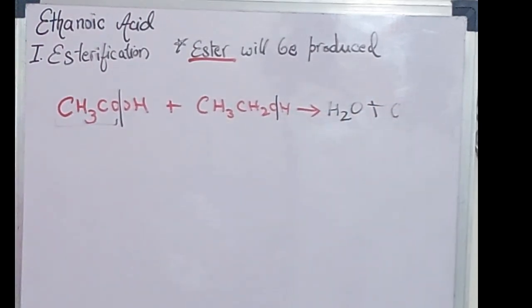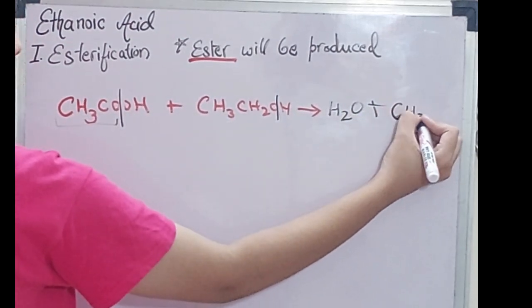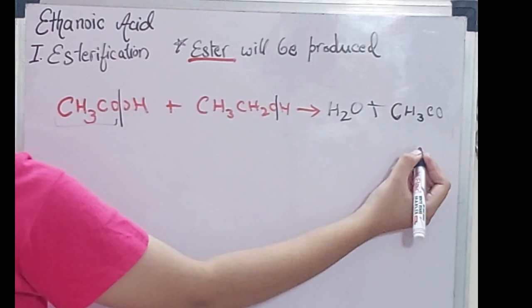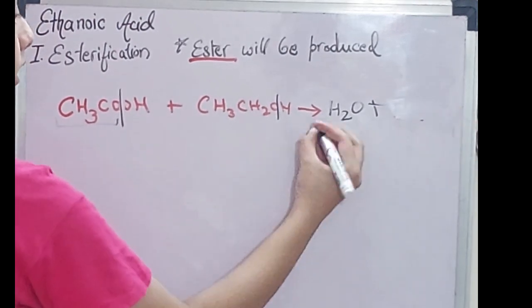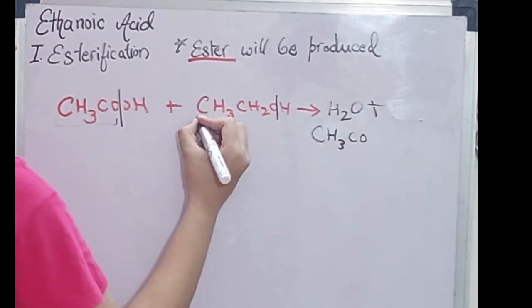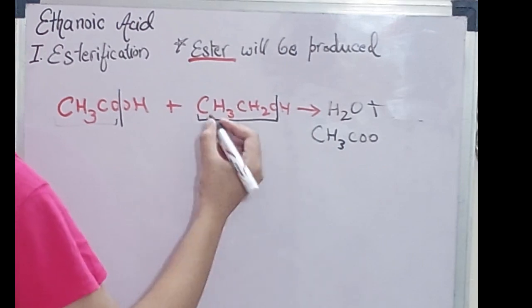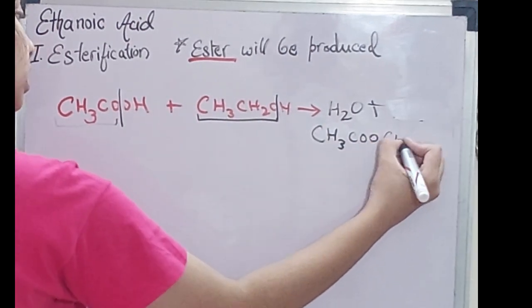Now ester will be CH3CO as it is. Now write this as it is, but write the O first: O CH3CH2.